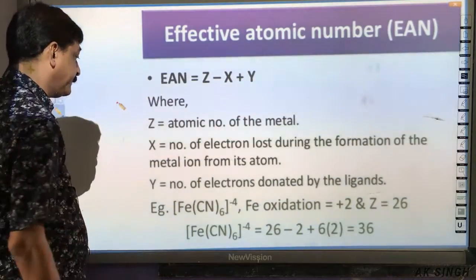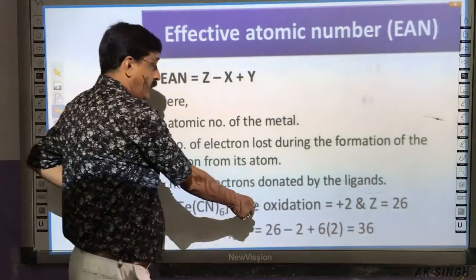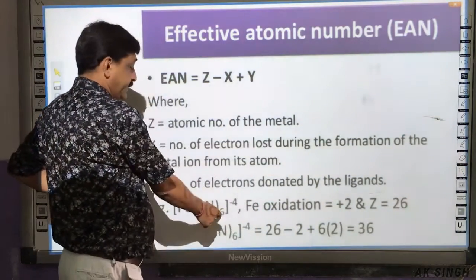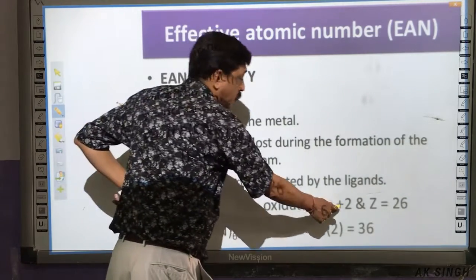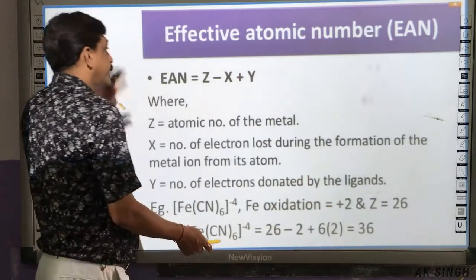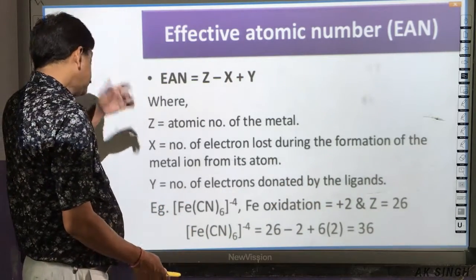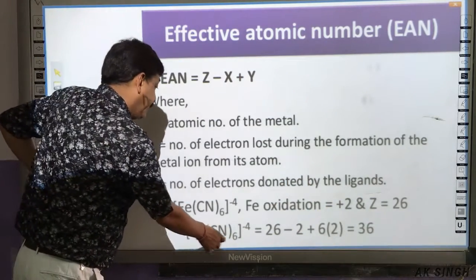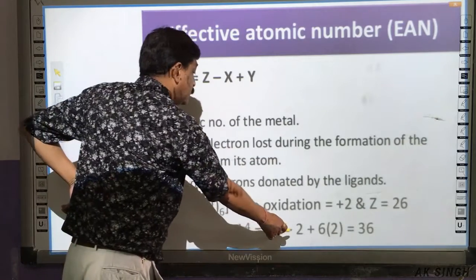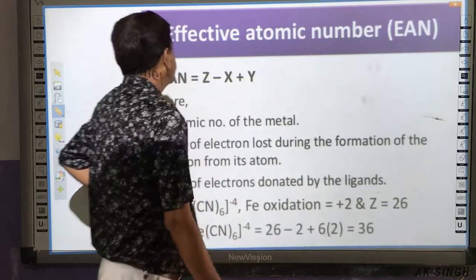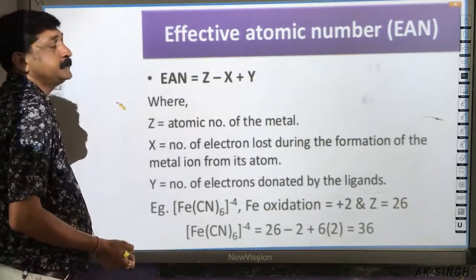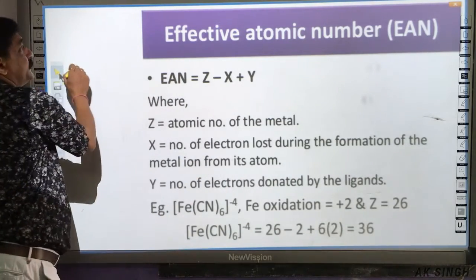So this is an example, [Fe(CN)6]. The charge is -4. So Fe2+, Z is 26. Why 26? So 26 minus 2, plus 6 into 2, that comes out to be 30. That is the effective atomic number as calculated.